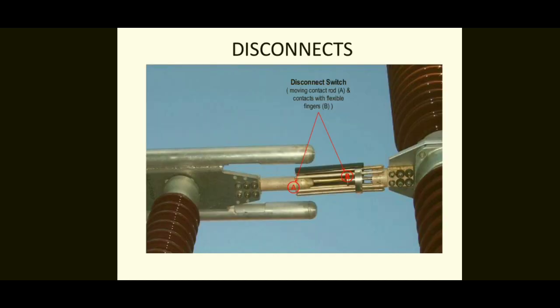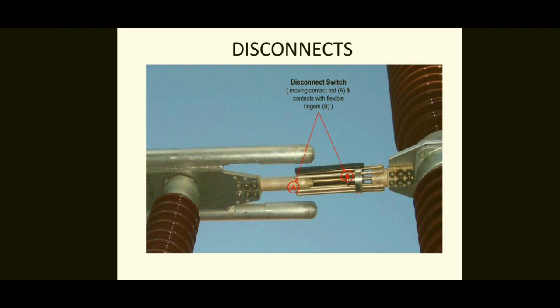Next, disconnects. So it is a disconnect switch. Moving contact rod A and contacts with flexible fingers B. Two things are present.